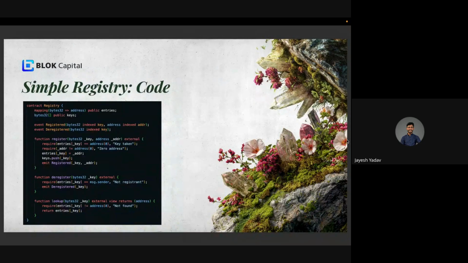Second, it requires that the address is not equal to 0. If the address you are mapping is 0, that doesn't make any sense. It would just be attaching the key to address 0, which is probably spam.